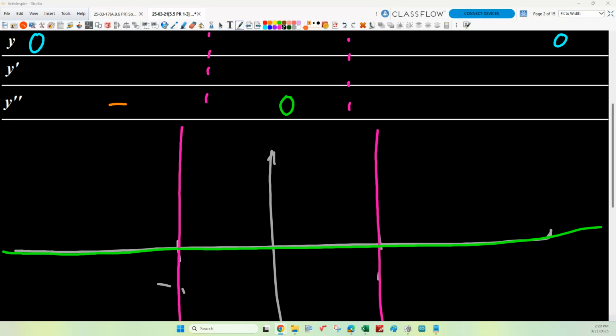Not much. It's only got 2 options, doesn't it? It's either doing this or it's doing that, because there are no critical numbers. There's no extrema, so it's very simple. Well, we found that it's concave down, so we know it's doing this.